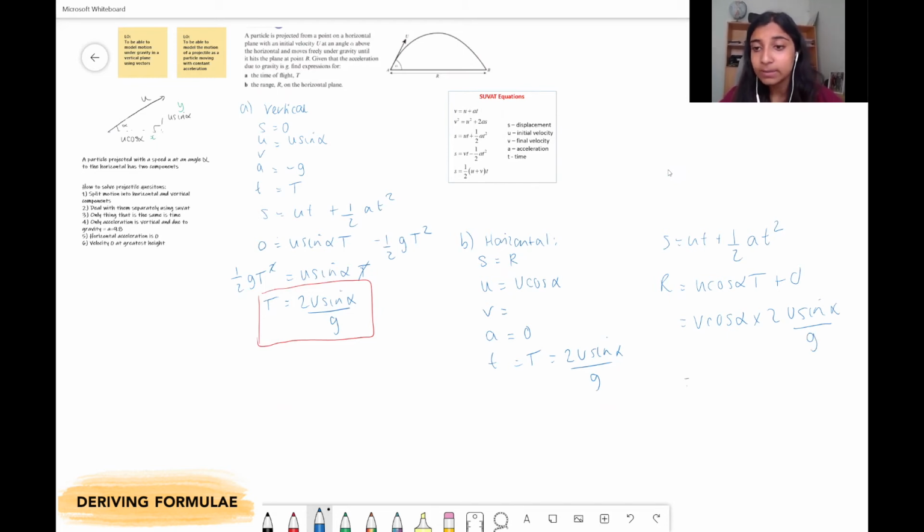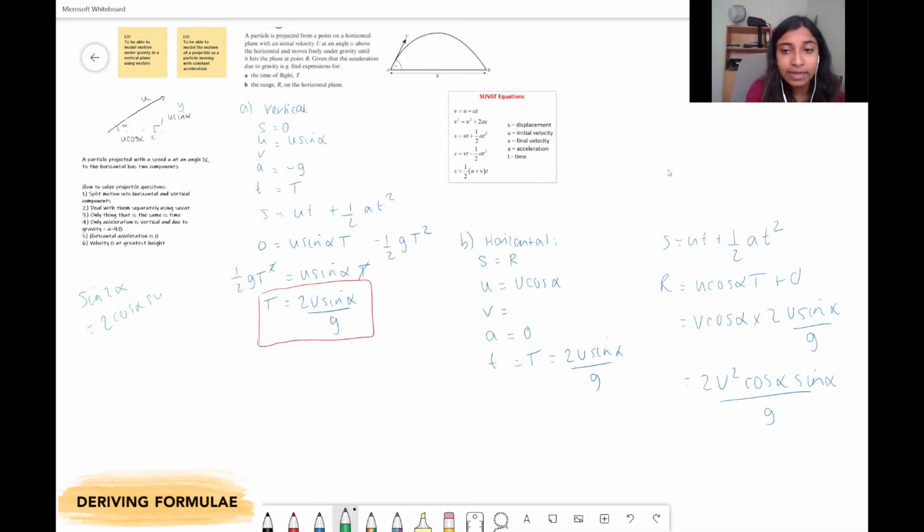And then if we simplify this, that would be equal to 2u squared cos alpha sine alpha over g. And then if you remember from our trig identity, sine 2 alpha is just equal to 2 cos alpha sine alpha. So we could just simplify this to u squared sine 2 alpha all over g. And that's our formula for your horizontal range.